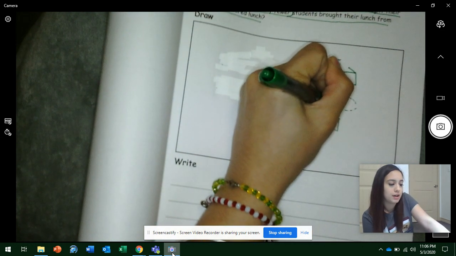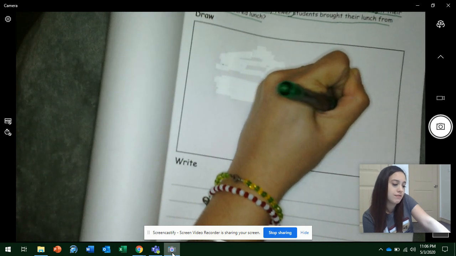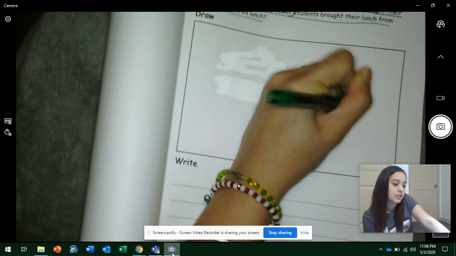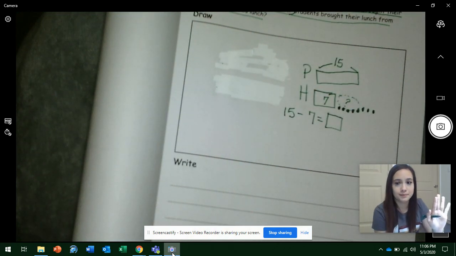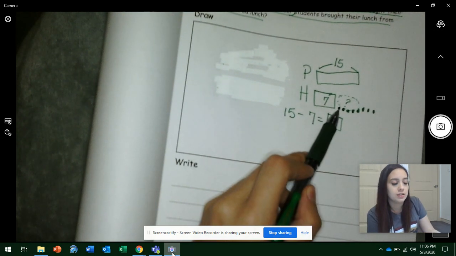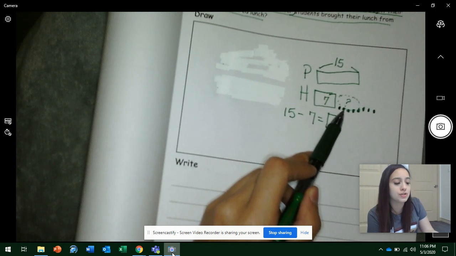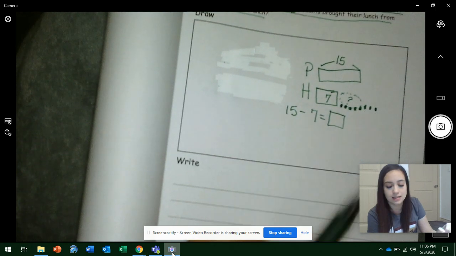Then we're going to draw them here. 8, 9, 10, 11, 12, 13, 14, 15. Stop. Very good. Now we're going to count our dots to find out what's our missing part. Ready? Start with 1. Get ready. 1, 2, 3, 4, 5, 6, 7, 8.